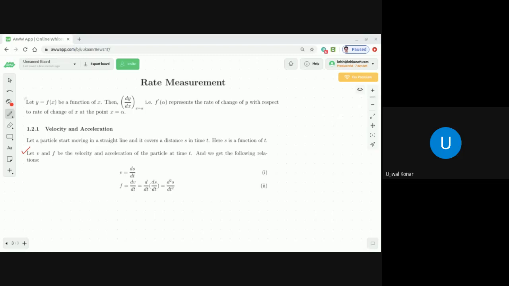The next one we are going to discuss is the application of rate, how rate measurement is actually used in tangents and normals. Okay. The next one is tangents and normals.